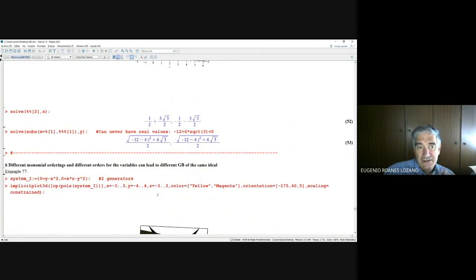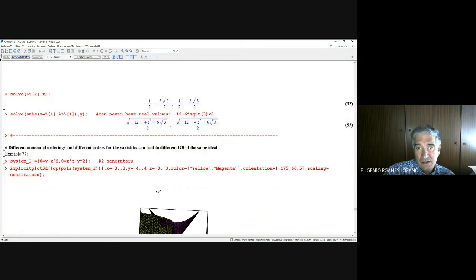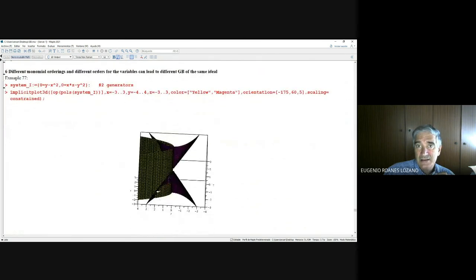Well, it's curious that the idea of what a Gröbner basis returns doesn't correspond to the idea of basis of a vectorial space. In a vectorial space, all bases have the same number of elements. That's the dimension of the vectorial space. Here, the number of elements of the Gröbner basis is not constant.